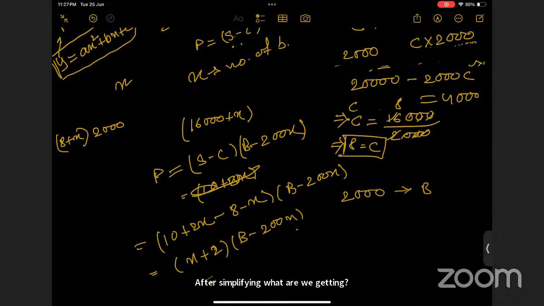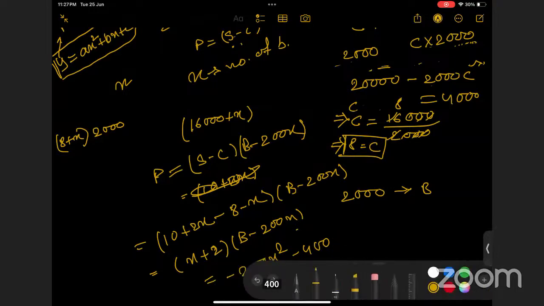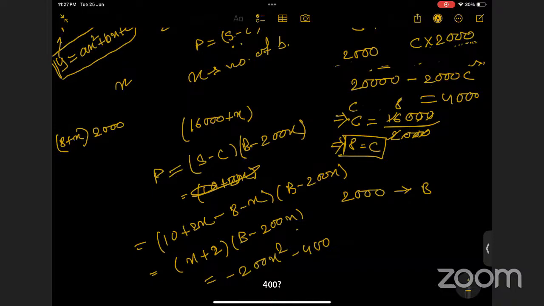Can you say me? What is the equation after simplifying? Yes, ma'am. Minus 200x square. Yes. Minus 400x plus xb 400 plus 2b. So this is the equation.